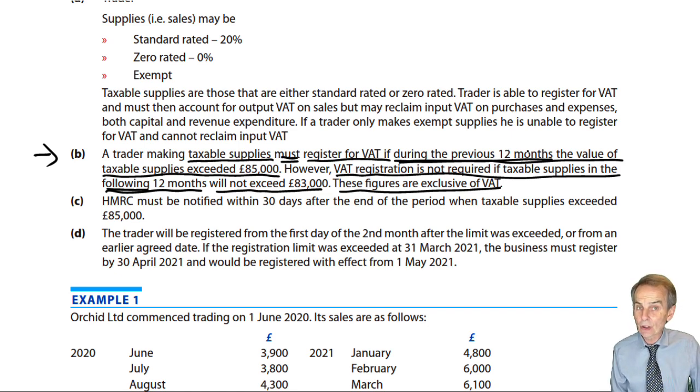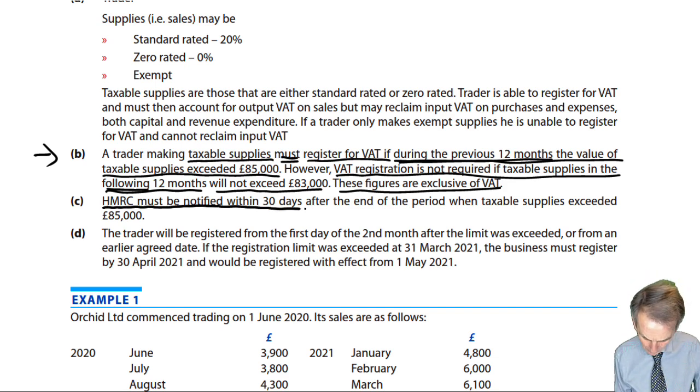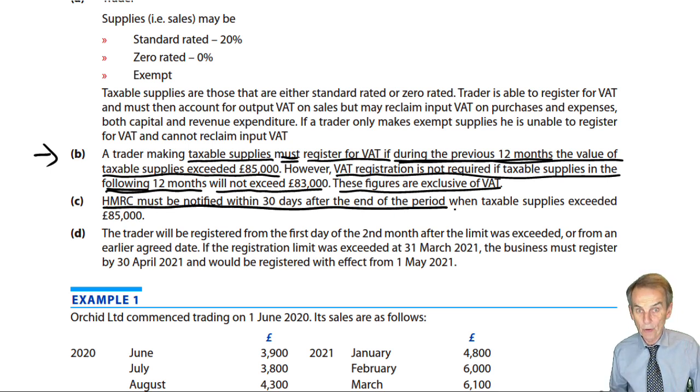Once we have got to that month end where we've now topped the £85,000 over this 12-month period, then HMRC must be notified within 30 days after the end of the period. So you've got to tell them, look, I've reached this VAT registration threshold figure and exceeded it, when taxable supplies exceeded £85,000.